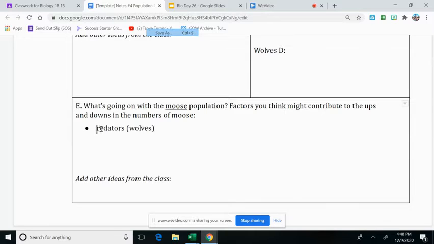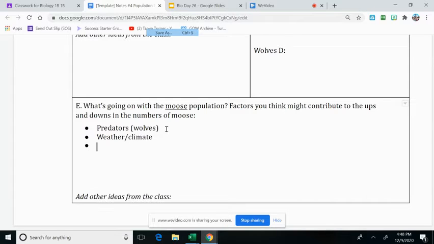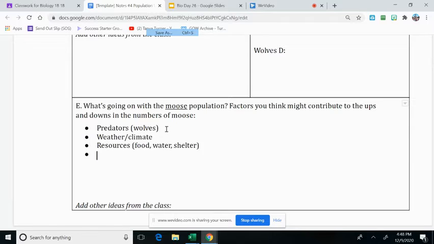Why didn't I capitalize? There we go. You guys talked about weather or climate could be a factor. Some classes told me about resources. You talked about food, water, habitat, shelter, things like that. Some people that weren't thinking about the island specifically talked about hunting.